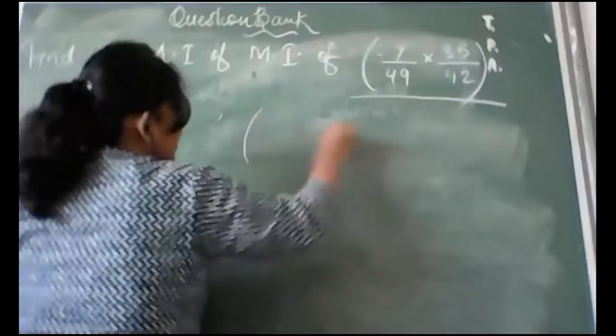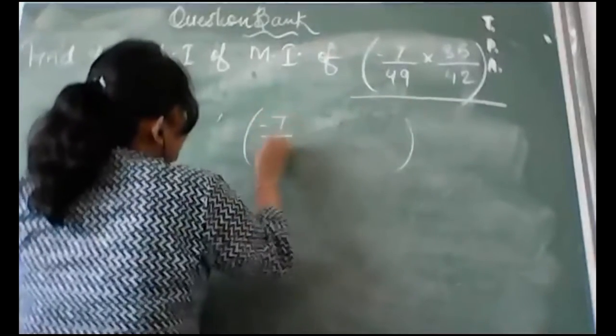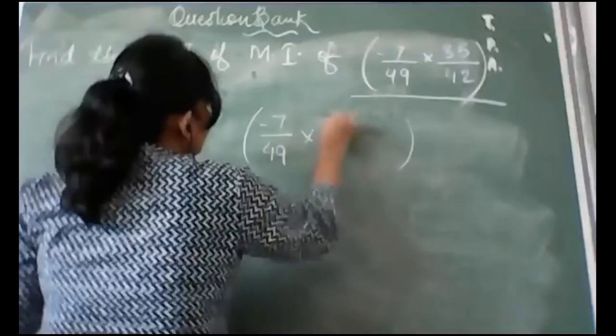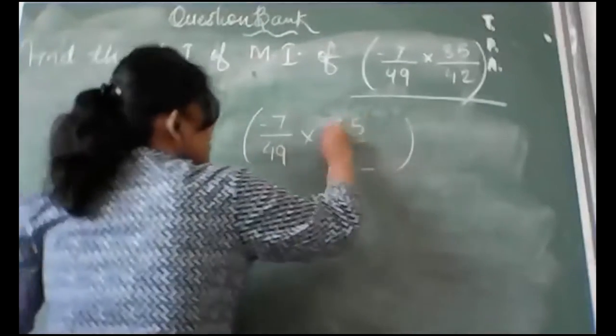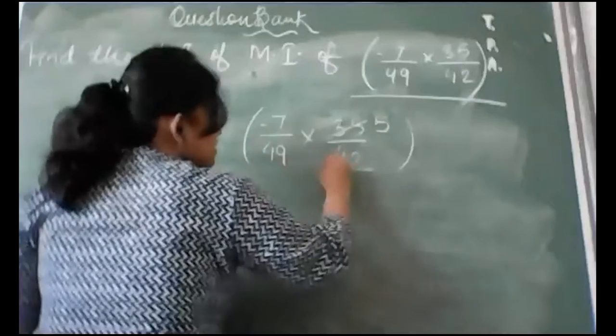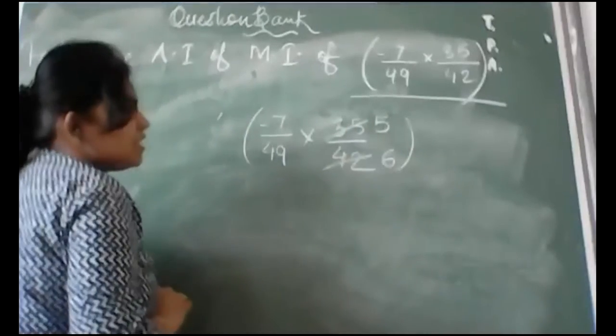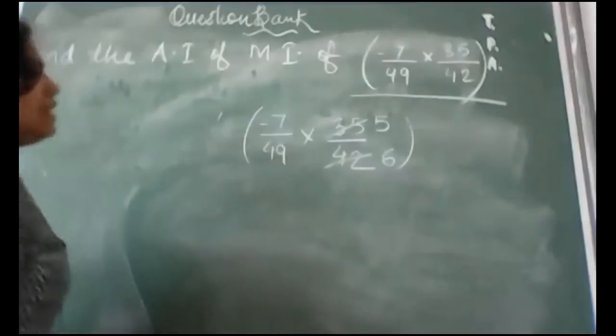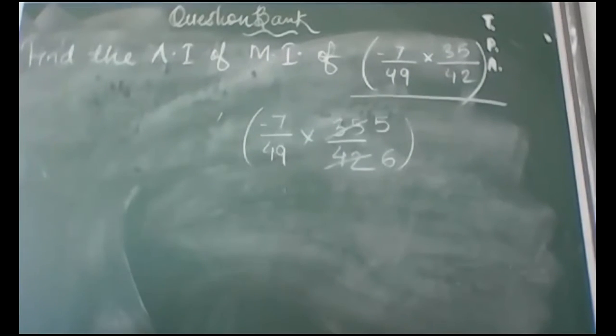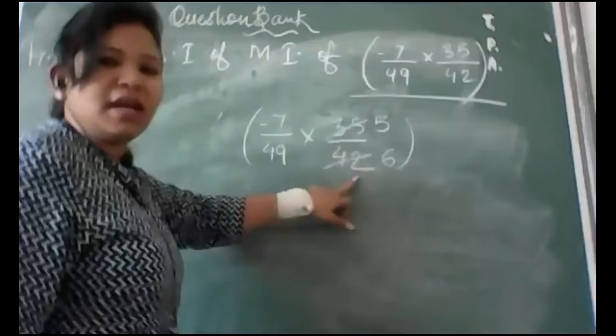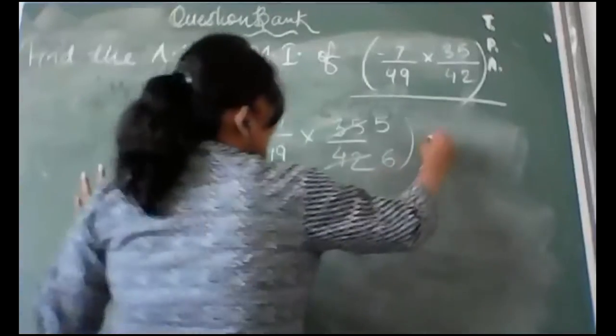First, we will solve the bracket. This is minus 7 upon 49 into 35 upon 42. First, you know that 7 fives are 35, 7 sixes are 42. It will not cancel from anywhere. Now you just have to multiply.